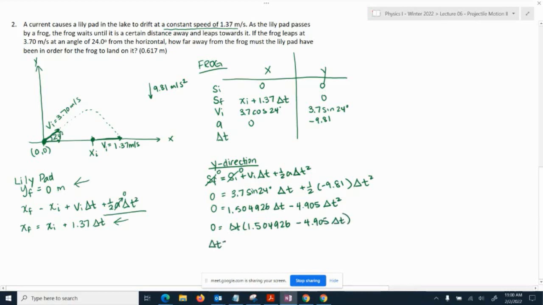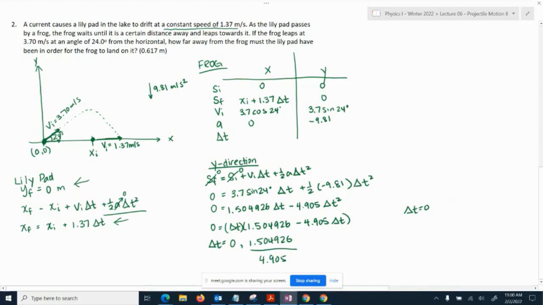I get delta t is equal to 0, and delta t is equal to 1.504926 over 4.905. Okay, how did I get that? I can take each of my brackets, so imagine these are both brackets, and set them equal to 0. So my first bracket is delta t equals 0. That's done.